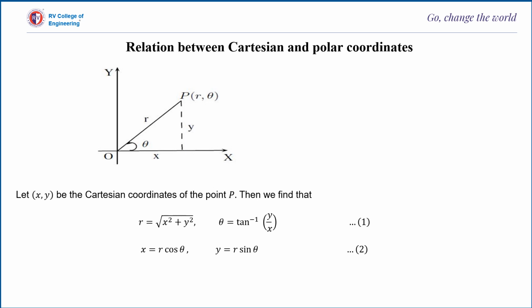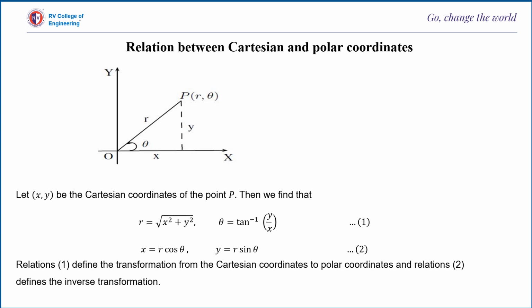Taking the inverse transformation, x equal to r cos theta, y equal to r sin theta are the transformation equations to transform the polar coordinates to Cartesian coordinates. So we can say that relation 1 defines the transformation from the Cartesian coordinates to polar coordinates, and relation 2 defines the inverse transformation.